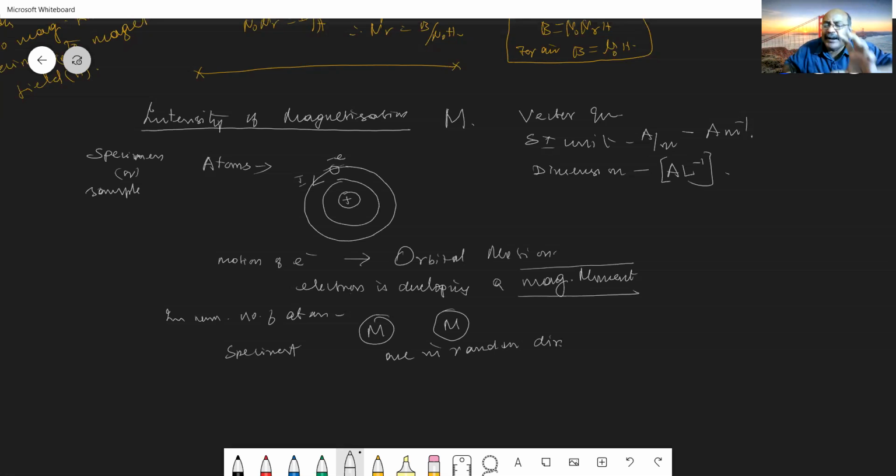Since the magnetic moments of all the electrons or atoms are in random directions, the net magnetic moment is equal to 0, because the magnetic moment produced by one orbital motion is cancelled by another orbital motion of an electron. So if the net magnetic moment is 0, we cannot study anything with it.